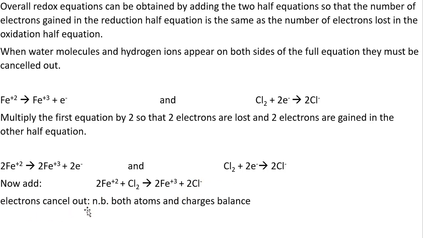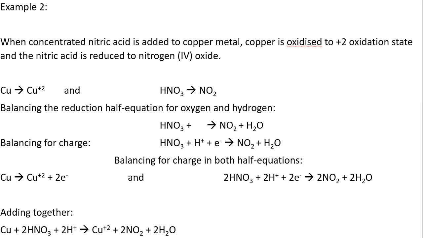Electrons cancel out. Atoms and charges balance. 2 times Fe plus 2 on the left, that's plus 4 altogether. 2 times Fe plus 3 on the right, that's plus 6, but then the Cl minus 2 of those, that gives me plus 4 on both sides.